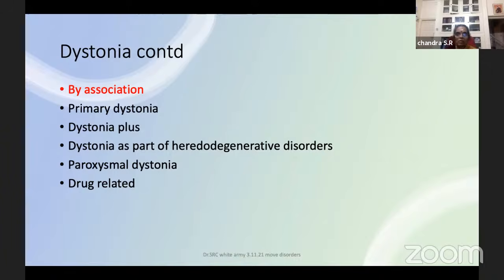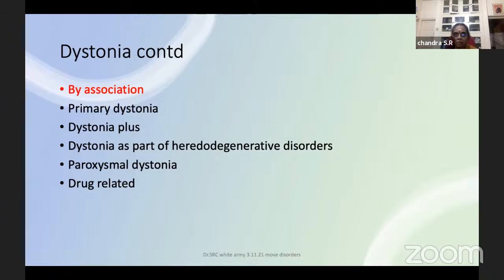When you walk, you get a paroxysmal exertional dystonia. When you sleep, you get a paroxysmal hypnogenic dystonia. And paroxysmal non-kinesiogenic is spontaneously fluctuating. And diurnally fluctuating dystonia, Segawa syndrome, is there in the morning, not there in the evening. So these are all paroxysmal dystonias.